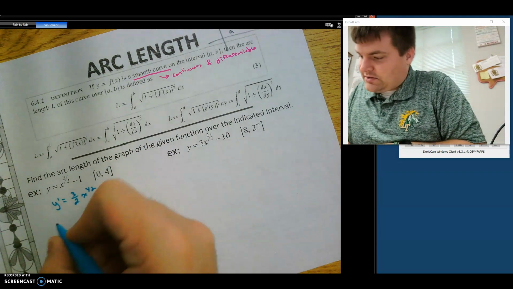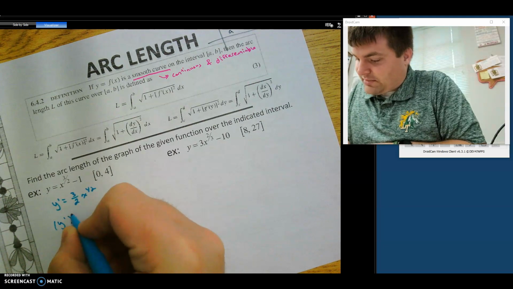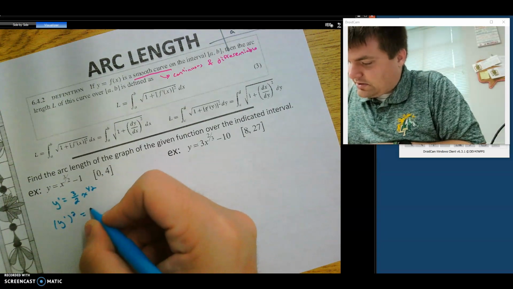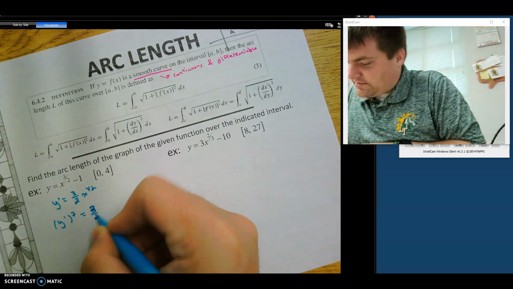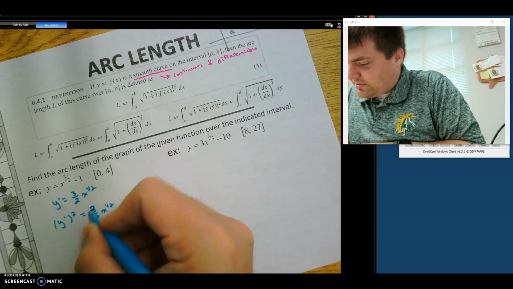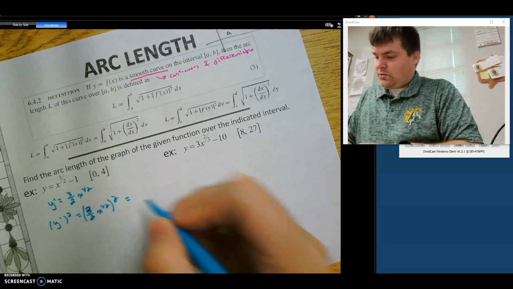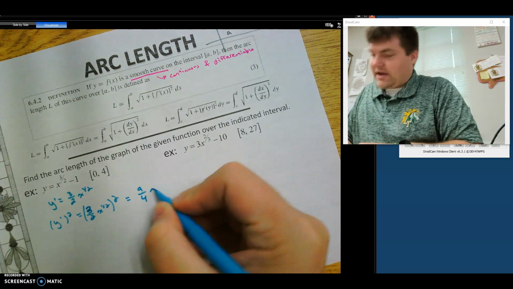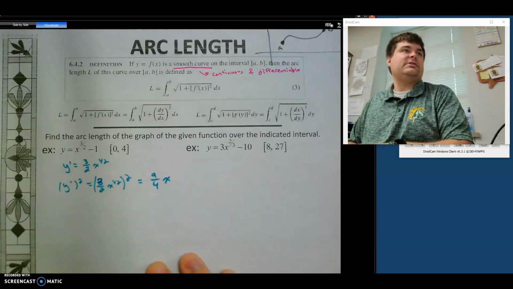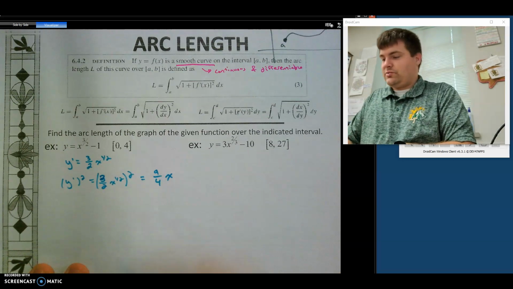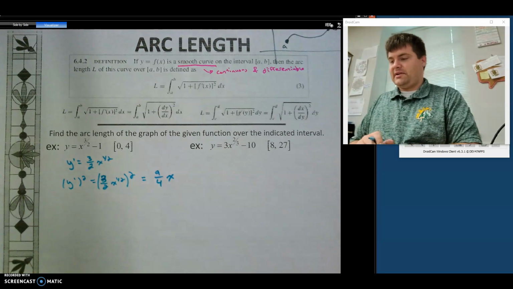And then let's go ahead and square that. So y prime squared is going to be 3 halves x to the 1 half, and that's going to be squared, which is 9/4 x. Okay, so sorry, so crooked. So you're just going to square the 3, square the 2, square the x to the 1 half.